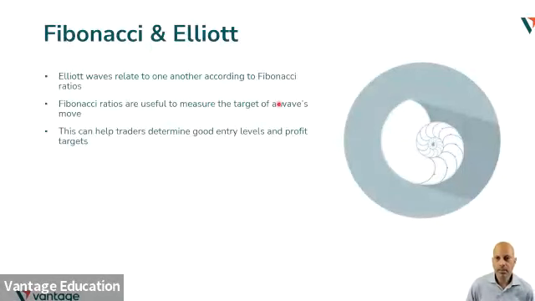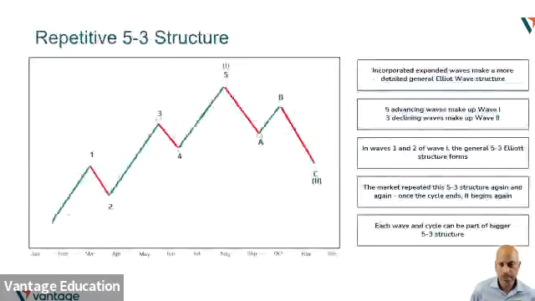Okay. Are there any questions? Is there anything that you would like me to repeat before going on? Because I do understand that when you first encounter Elliott wave theory, it can be a little bit confusing, especially with the different wave structures, the corrective wave and the motive wave, and the different advancing and declining portions of that wave. So if there's anything you would like me to repeat before we move on, I'll be more than happy to go through it with you.